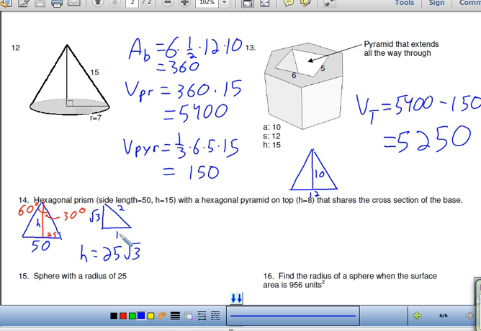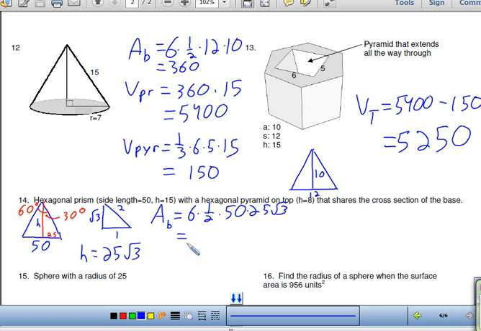I can find the area of the base now. That is going to be 6 triangles times 1/2 the side length, which is 50, or the base of that triangle, times the height of the triangle, which is 25 radical 3. Multiply all that out. Sorry, messed up here. I do need to take it times the full height.